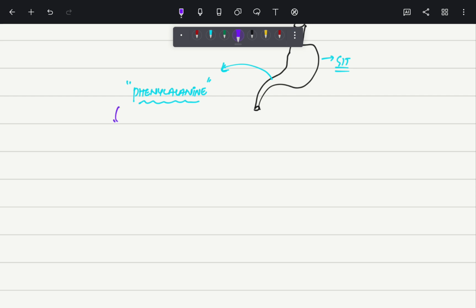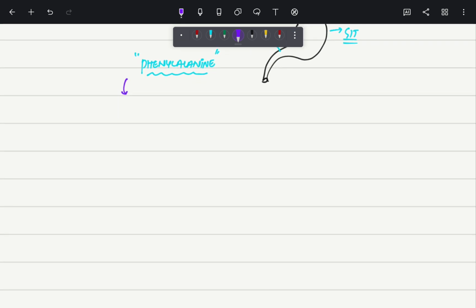So we have to understand the structure of phenylalanine. As you can see here, phenylalanine will have a benzene ring, but it will not have any hydroxylation. Okay, since there is no hydroxylation, it cannot be called a catechol, because a catecholamine should have hydroxylations at carbon number 3 and carbon number 4.